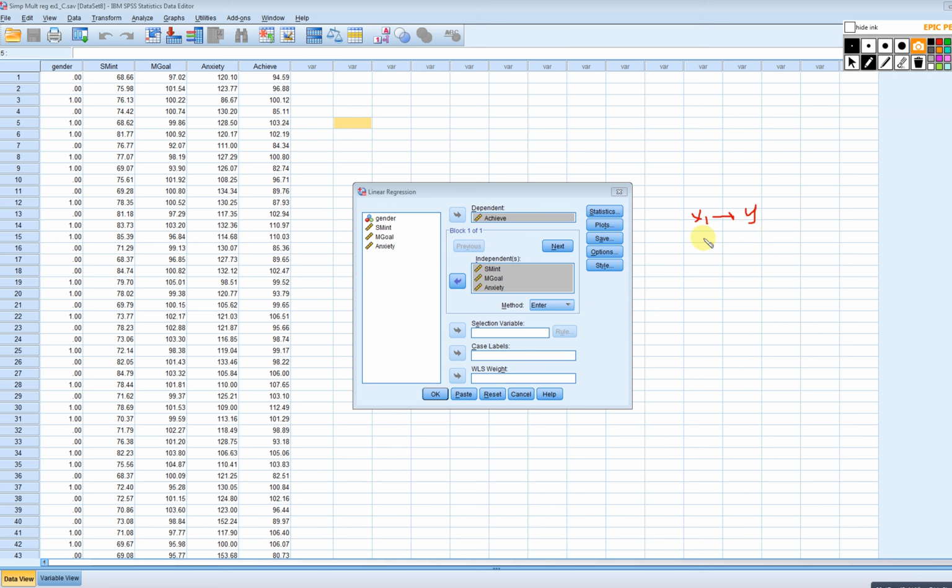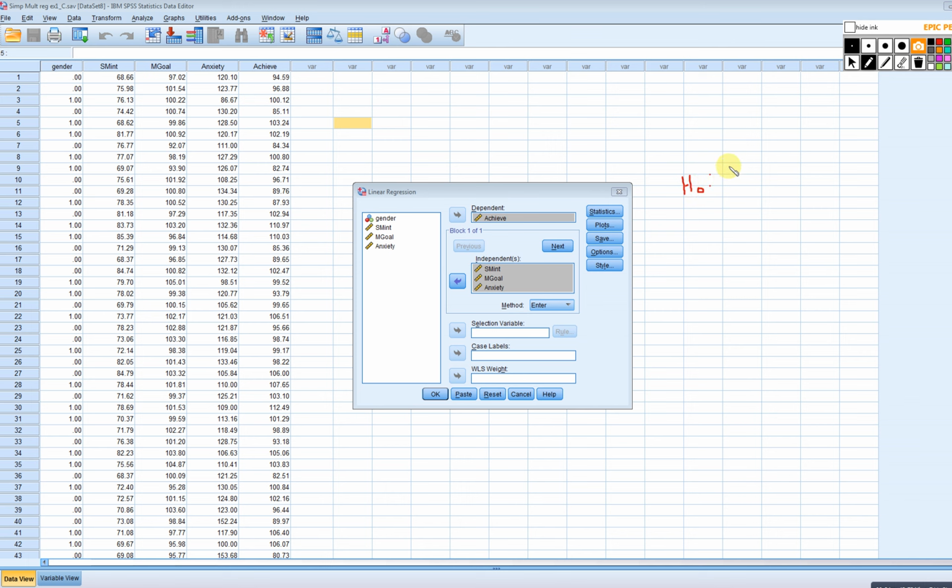Each of the tests of the regression coefficients basically utilizes the same hypothesis testing process that I talked about in the previous video, and that is that we have a null hypothesis for each one of the regression coefficients.